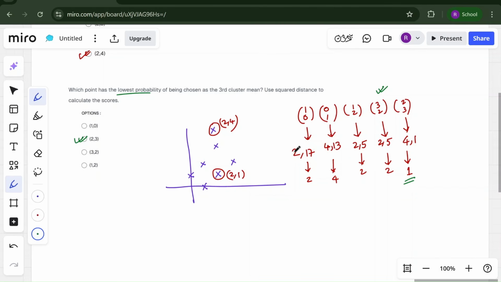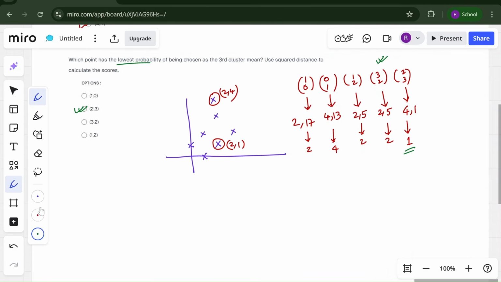Is this cool? I didn't do a lot of calculations, but someone asked me how these 2 and 17 are coming, so let me also explain that. For example, if you have 1, 0, you are computing its distance to 2, 1, and also its distance to 2, 4.